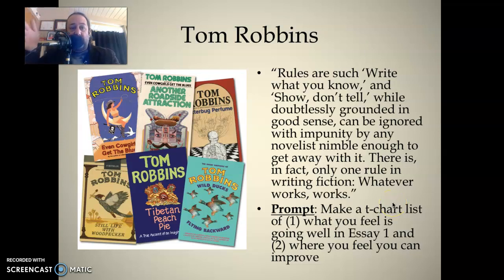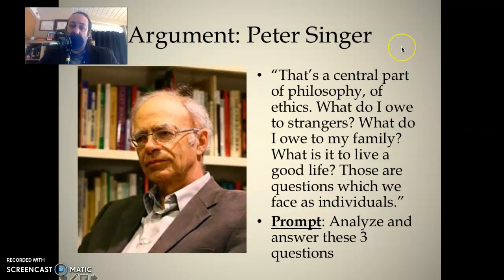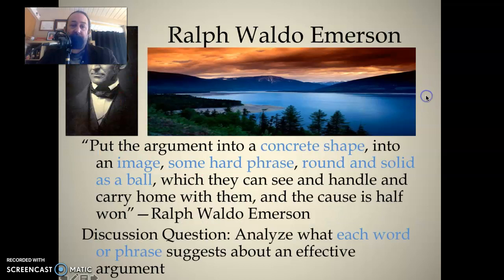And then in the other column, you're going to write: these are the things I want to work on, I should work on this, this, this. This one's pretty self-explanatory and straightforward. Singer gives you a couple questions here. We're just going to answer the questions.